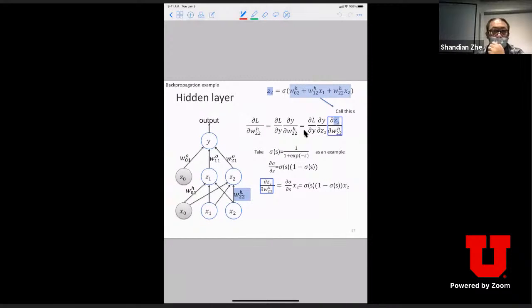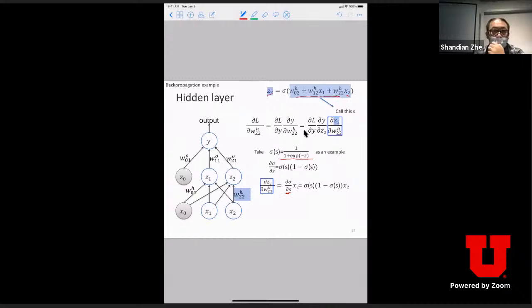Okay, so now let us look at the final result, right? By applying chain rule, we can compute partial Z2 over partial W22H, if we use sigmoid activation as our activation function, right? It's partial sigmoid over partial S times partial S over partial W22H, which is simply X2, right?